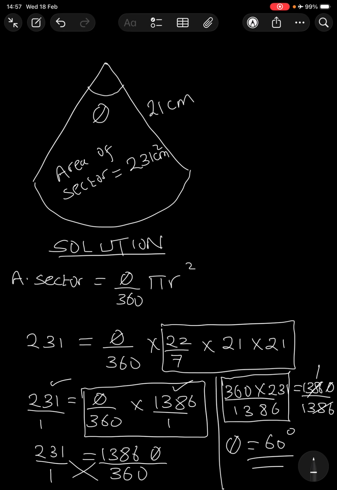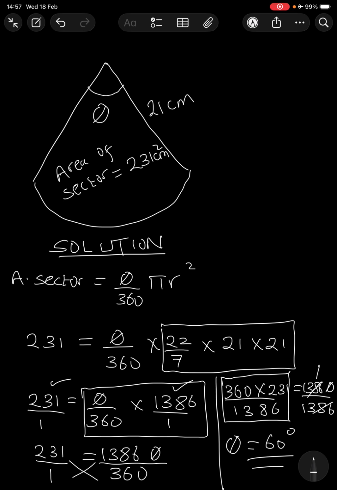So as you can see, identify the formula, which is theta over 360 times pi r squared. After getting the formula, you substitute the area, then the radius.